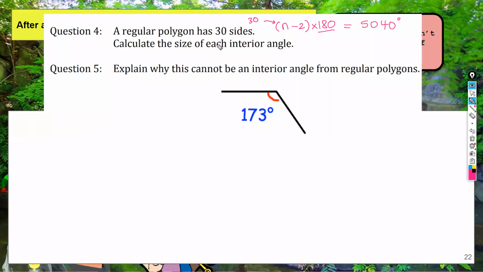If a shape has 4 sides, it will have 4 angles. So if a crazy shape has 30 sides, then obviously it's going to have 30 angles. So to find the value of each angle, and it's a regular shape, meaning that all the angles have the same value, we just divide it by 30. And the final answer would be 168 degrees.